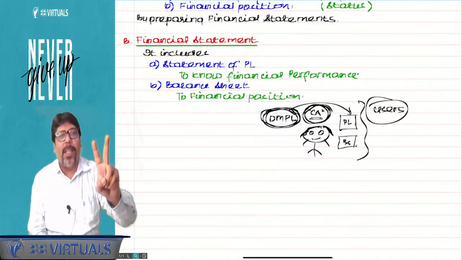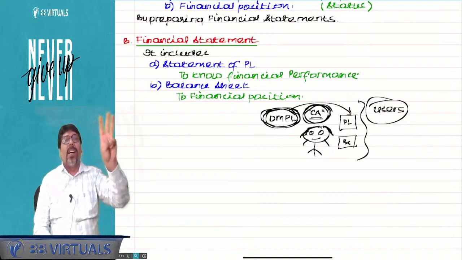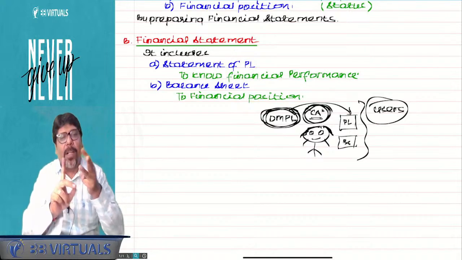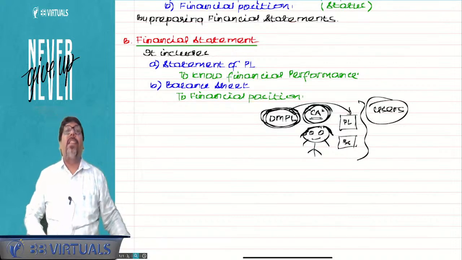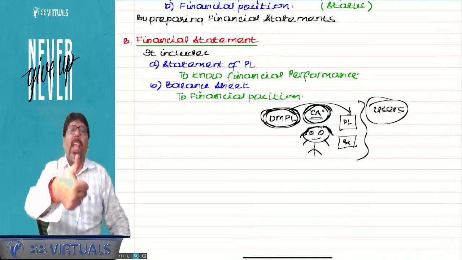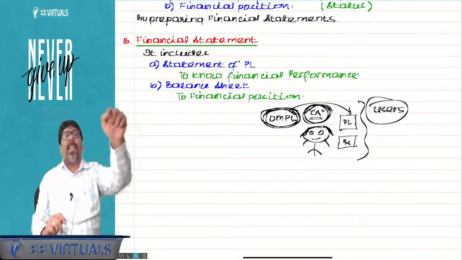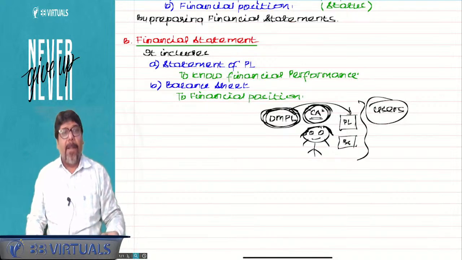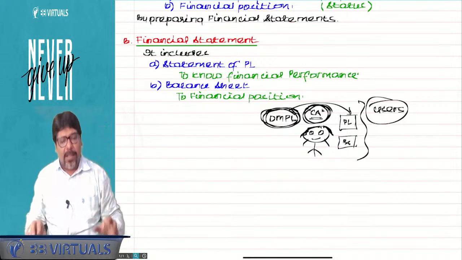Second user is lender. Third user is employee. Fourth, suppliers. Fifth, customers. Sixth, government. Seventh, public. So there are 7 users of financial statements.